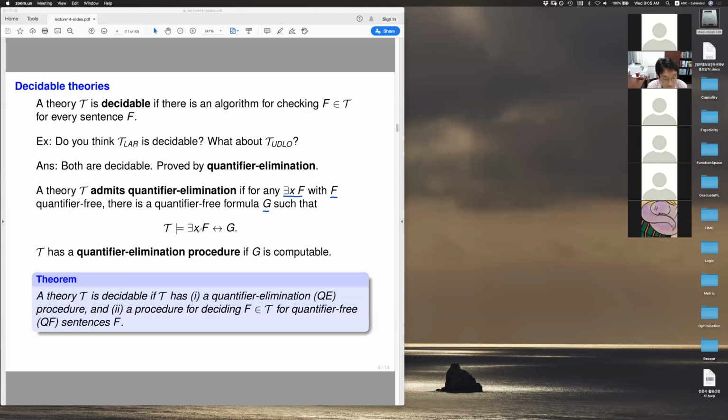If the left-hand side of this if and only if is true, the right-hand side should also be true. If the left-hand side is false, the right-hand side should be false.